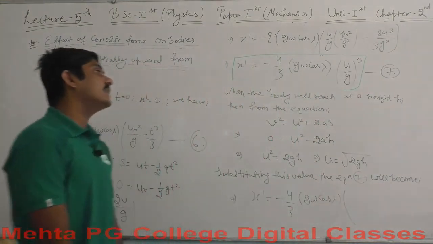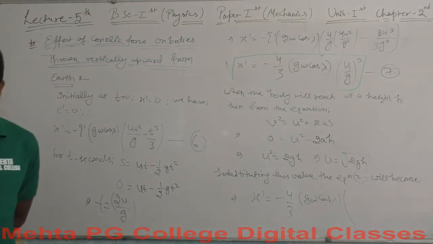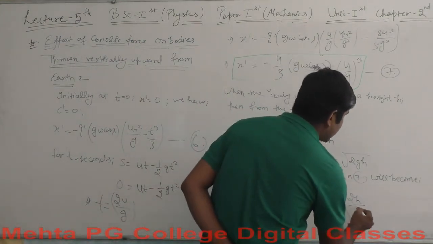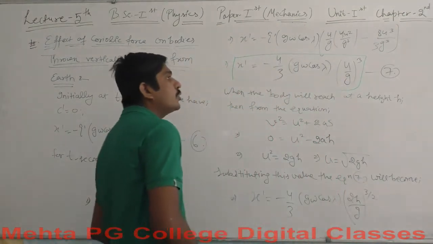Only thing that will change is the value of u here, so that will now become 2h by g, and the whole power will become 3 by 2 here.